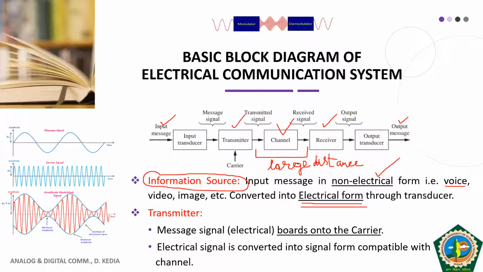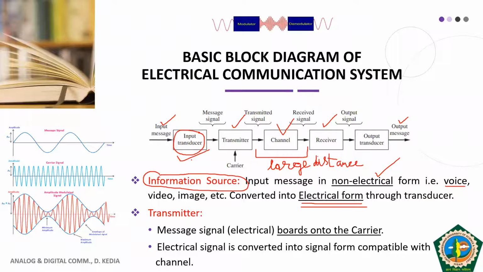Unless we are able to convert them to electrical form, we will not be able to transmit them. Yesterday also I talked about this. Any non-electrical form of information will be converted to electrical form with the help of an electronic device that we call a transducer.